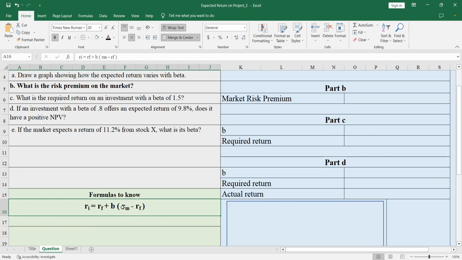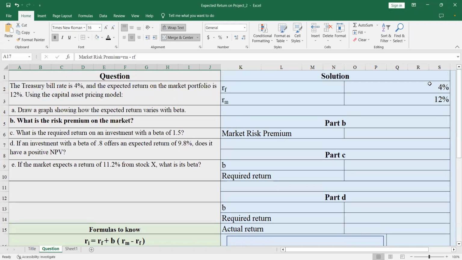This relationship, market return minus the risk-free rate, is your market risk premium. It's very simple to calculate. All you have to do is take the difference between the market return and the risk-free rate. So 12% minus 4% is equal to 8%. That's the answer for part B.